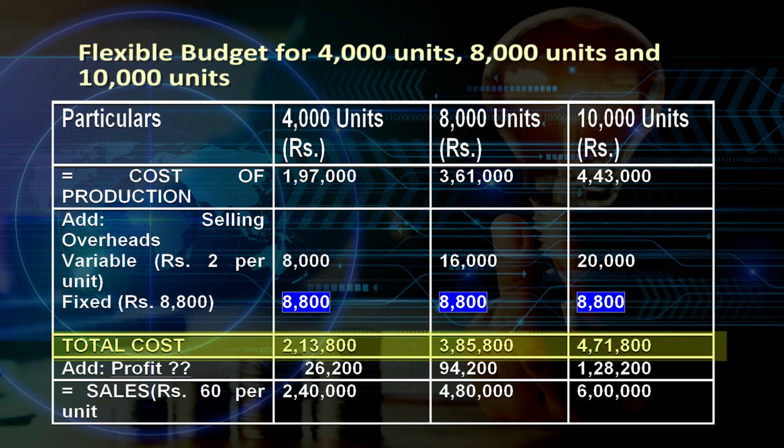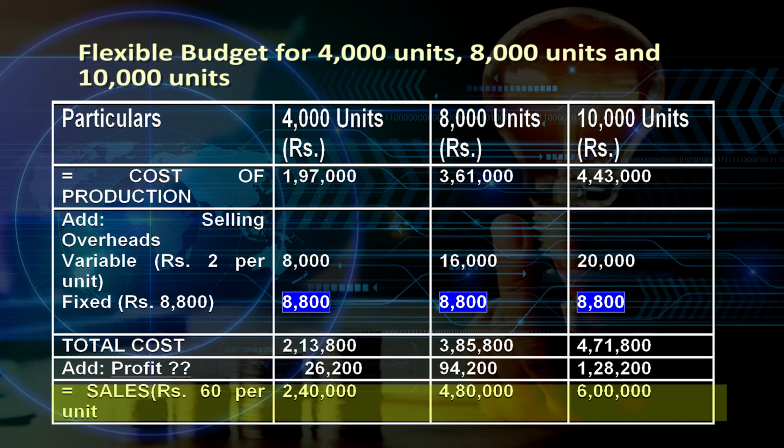And so now we get the total cost. At 4,000 units, it calculates to 2,13,800. At 8,000 units, the total cost is rupees 3,85,800, and at 10,000 units, the total cost comes to be rupees 4,71,800.